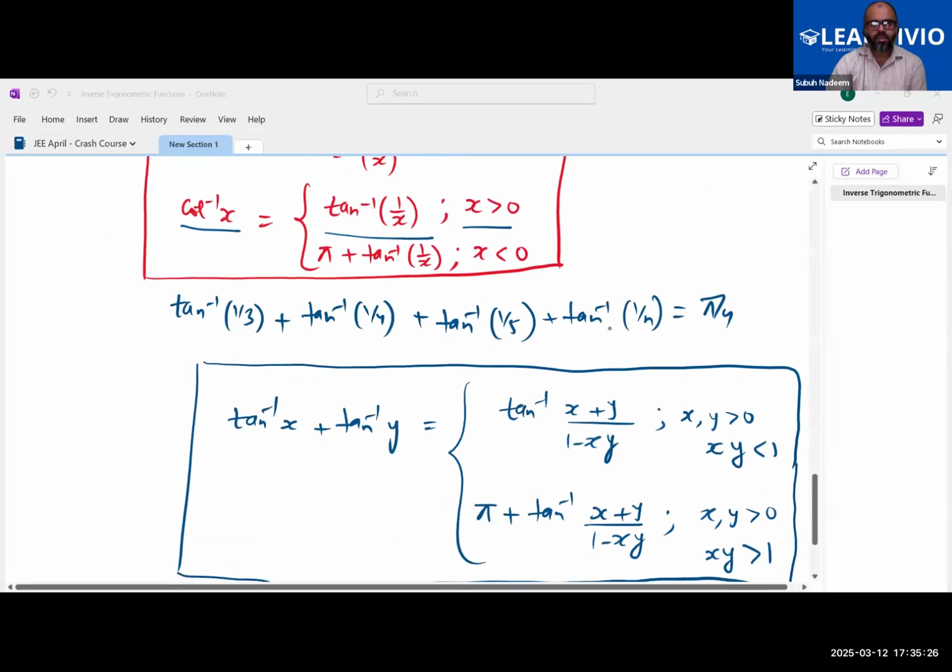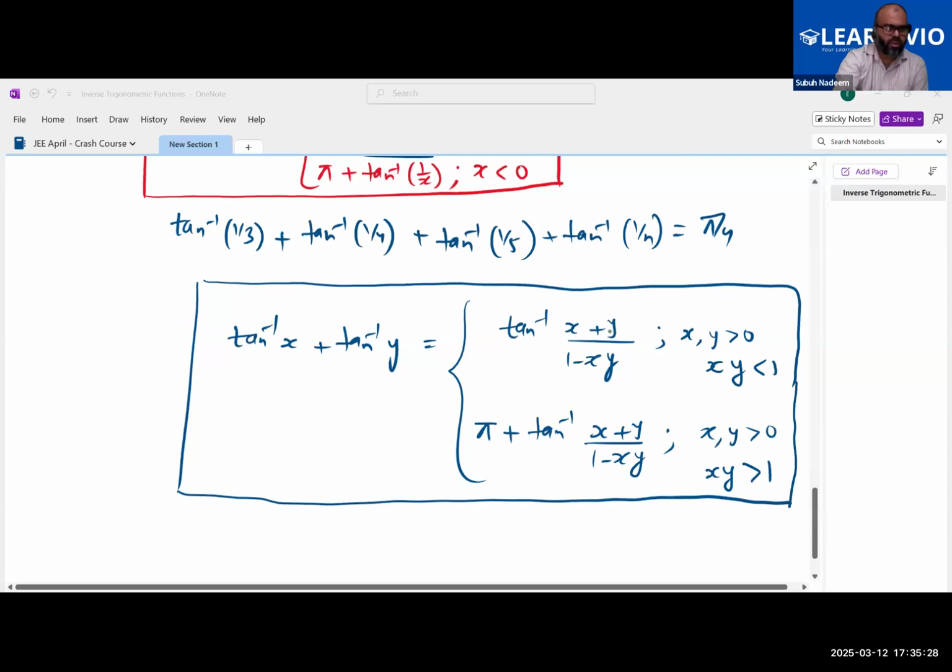Now after writing this is our question, and you have to use this formula.